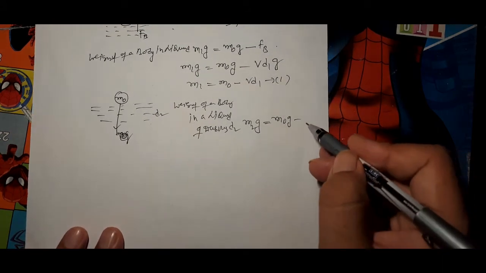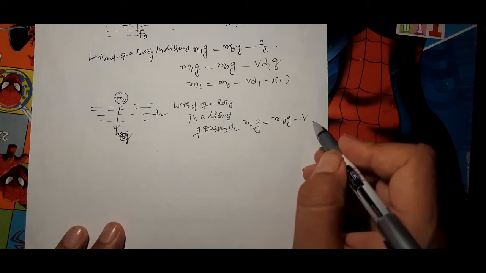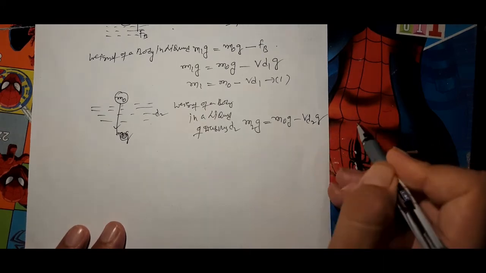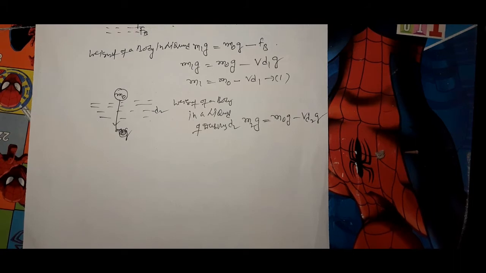The buoyancy force here is V, the volume of the object, times d2 g, where d2 is the density of the liquid.